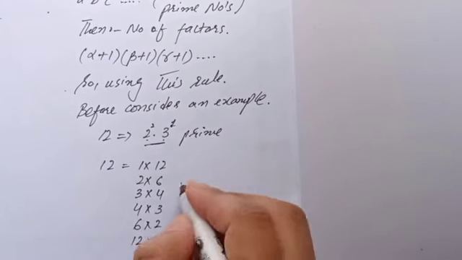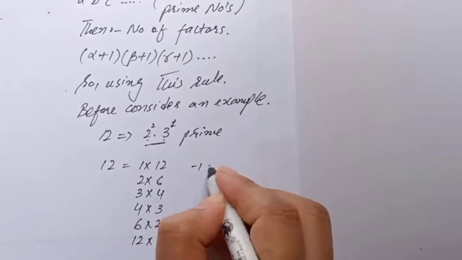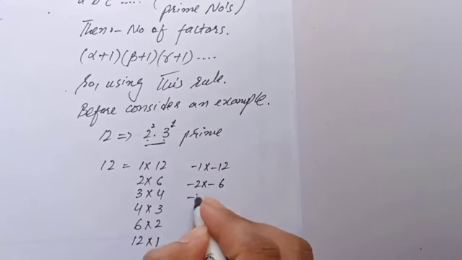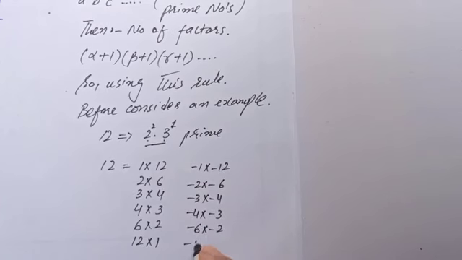At the same time, I can use the negative integers too: -1 multiplied by -12, -2 multiplied by -6, -3 multiplied by -4, -4 multiplied by -3, -6 multiplied by -2, and -12 multiplied by -1.